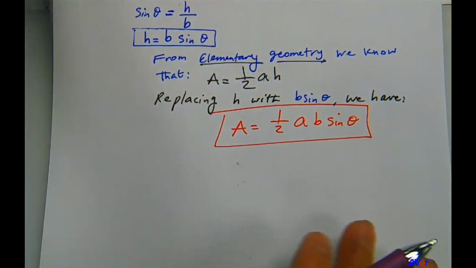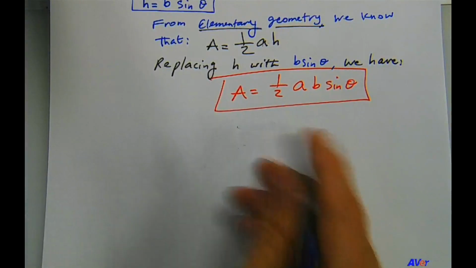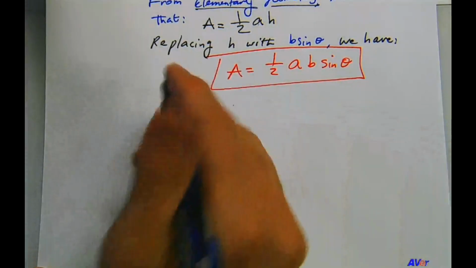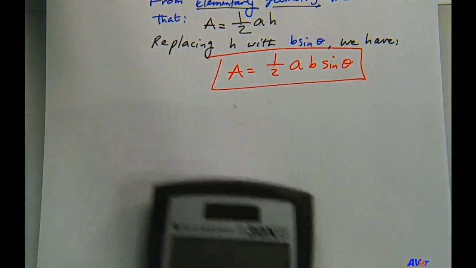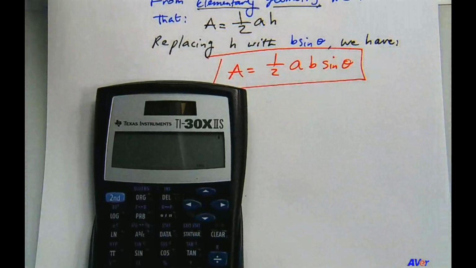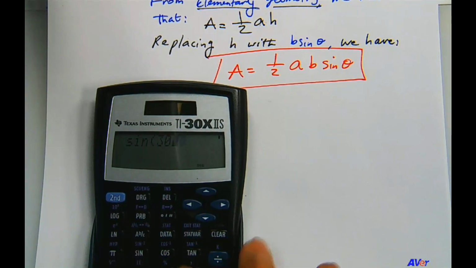Okay, so let's use this in an example. Let me just test out something. So let's say sine of 150 degrees and sine of 30 degrees.